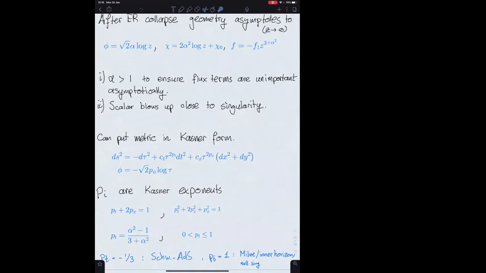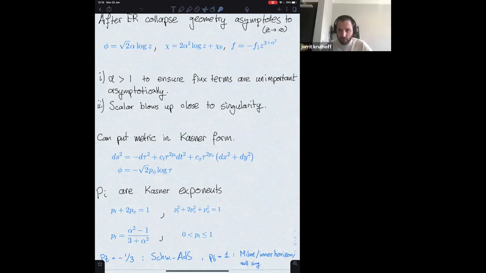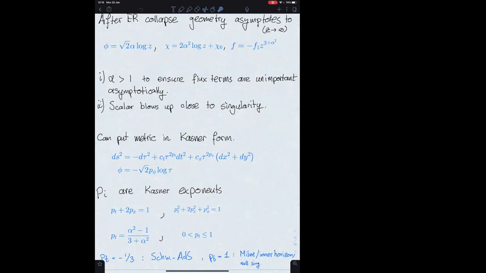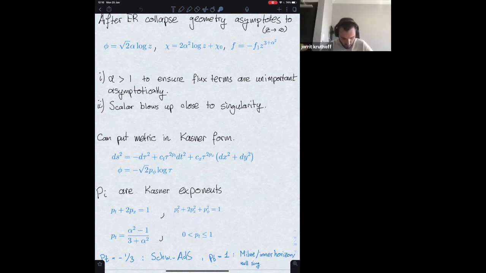Yeah, I had a question on what these constraints mean. How do they arise, these constraints between the p_i? Oh, they arise just from the equations of motion, to have a solution to the Einstein equations. Okay. Is px positive as well, or is px negative?